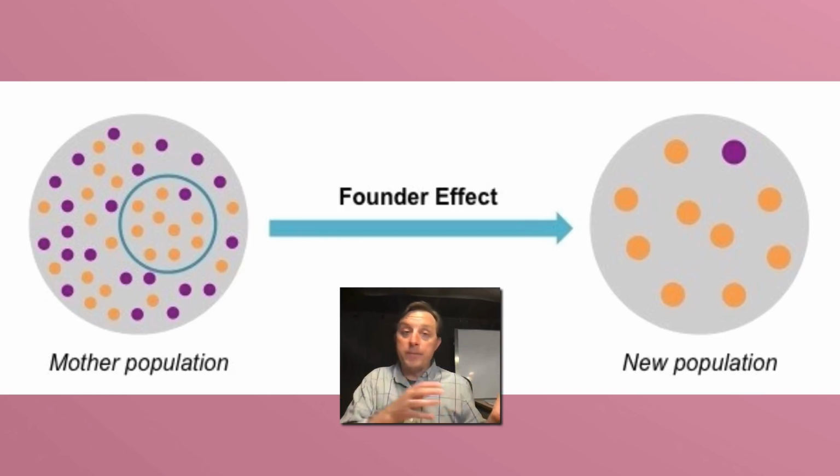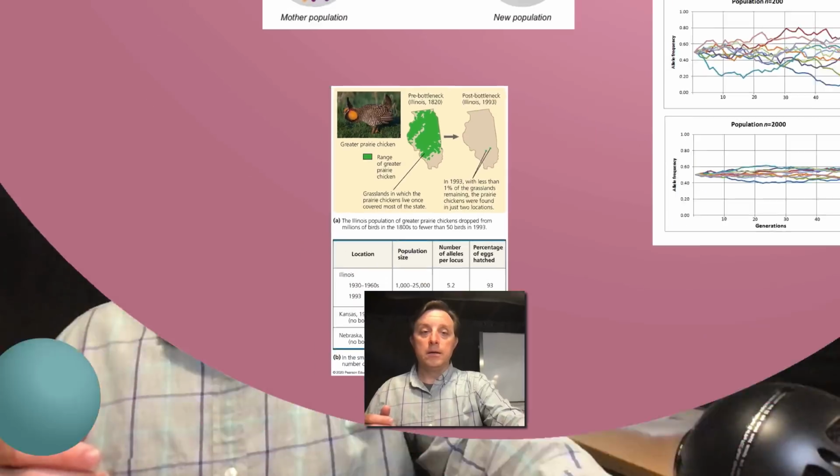Those few individuals that left will probably have a slightly different gene pool than the initial larger population. So the founder effect is when a portion of a population leaves and goes to a new area and sets up a new population.